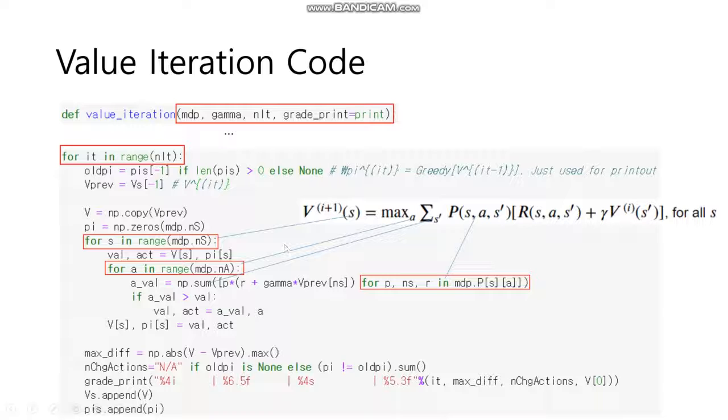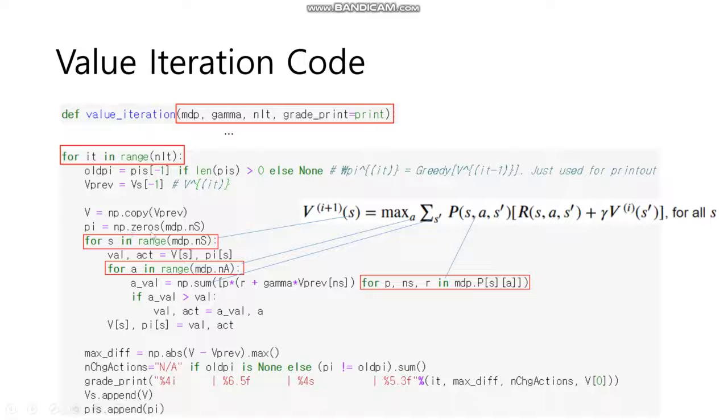So this is the core part of value iteration, the code. Check the arguments. It gets the MDP, the discount factor gamma, and the number of iterations, and there are 4 for loops: 1, 2, 3, 4. One is the loop for the horizon.